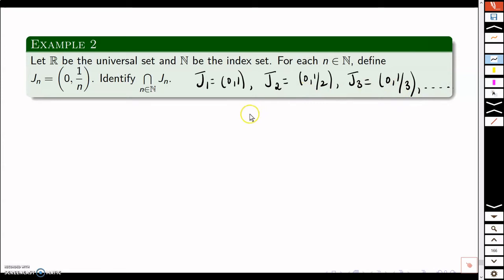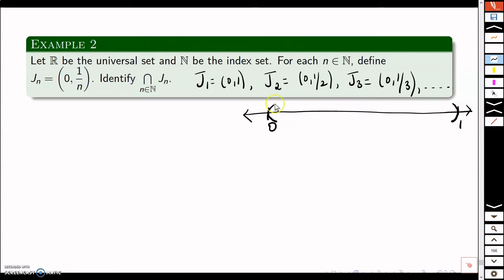Now, if you try to visualize this on the number line, how will it appear? So this is my number line. Supposing the point 0 is here and the point 1 is here. Let's mark the interval J_1. So J_1 is the open interval (0, 1), so that will be somewhere here.